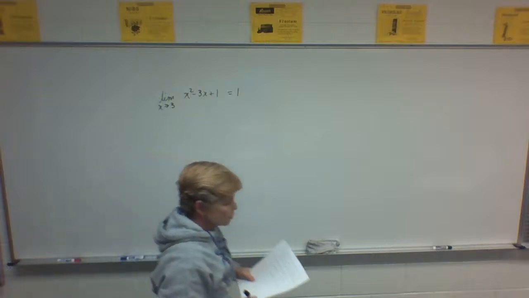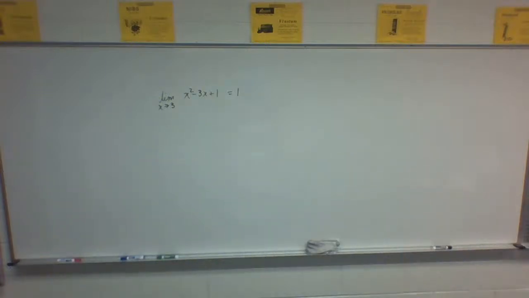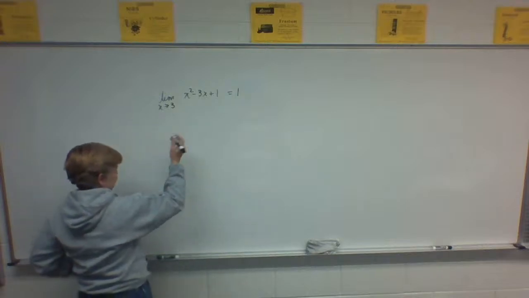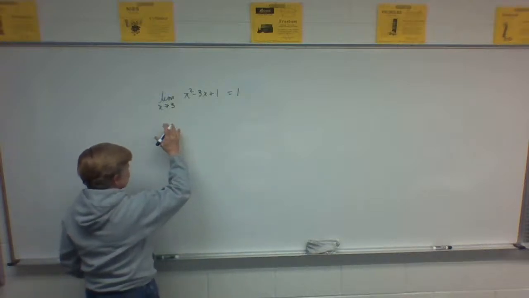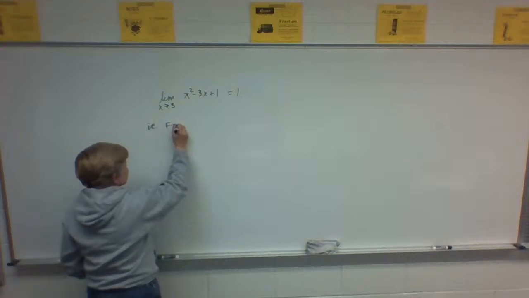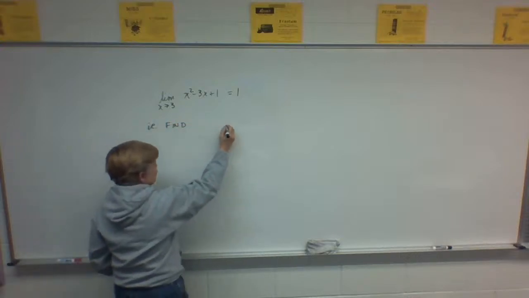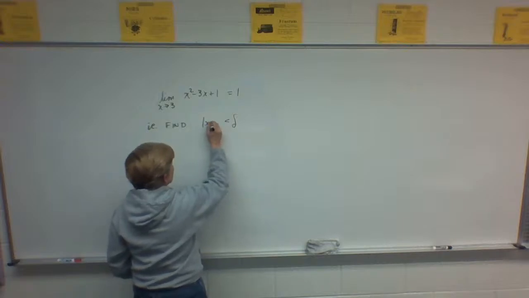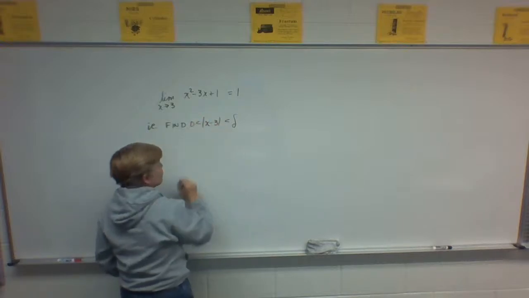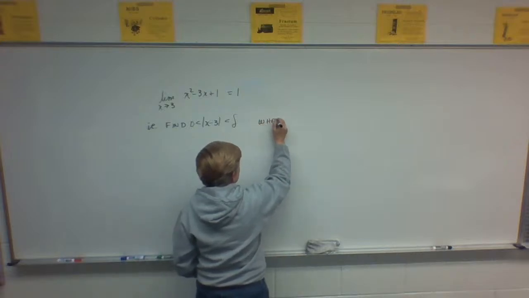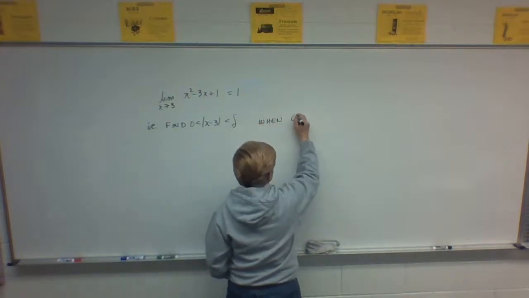So if this is what we're trying to prove using a delta epsilon, then you need to state how you use this by saying, in other words, or just say, i.e., find a delta that meets this situation when this is true.